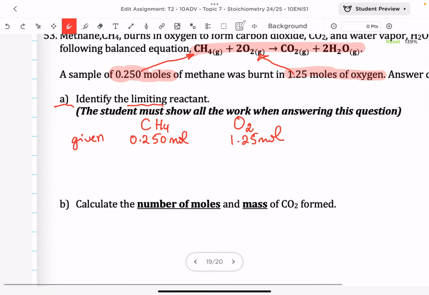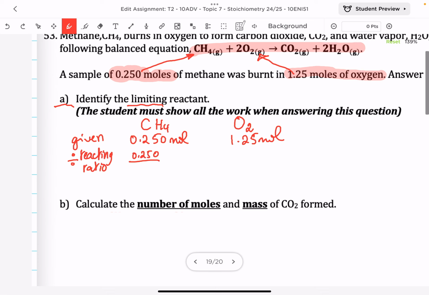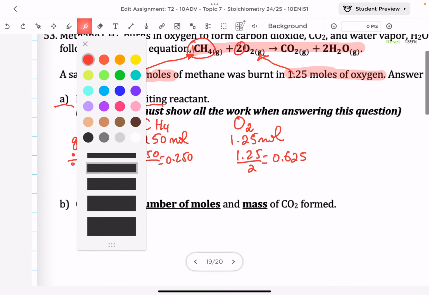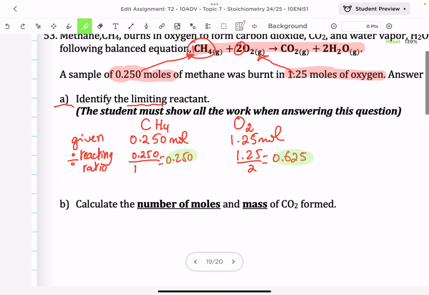What do you do next? You are going to divide the given by the reacting ratio. So 0.250 over 1 is 0.250. And 1.25 divided by the reacting ratio of oxygen is 0.625. Now you compare the answers.